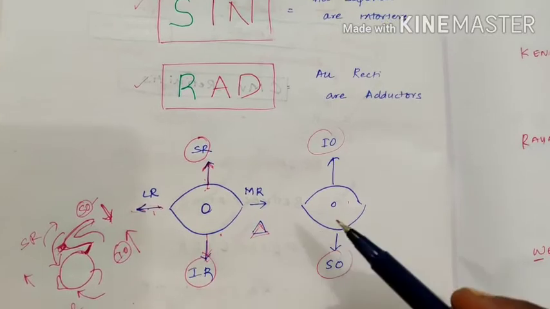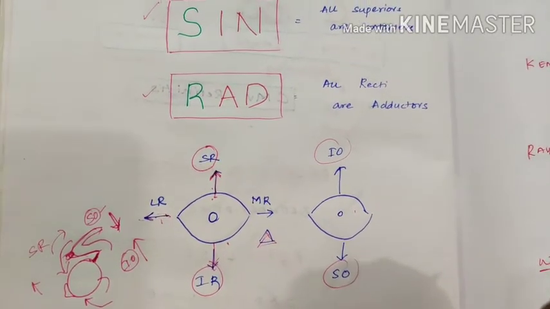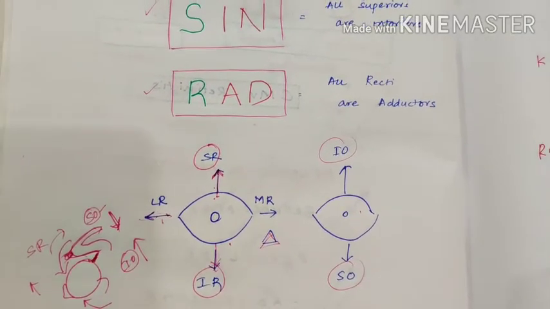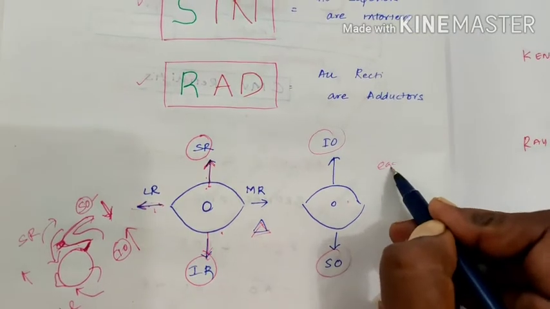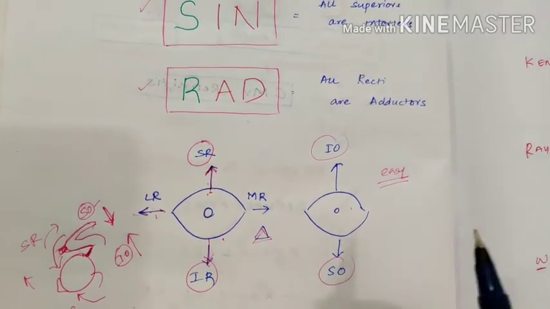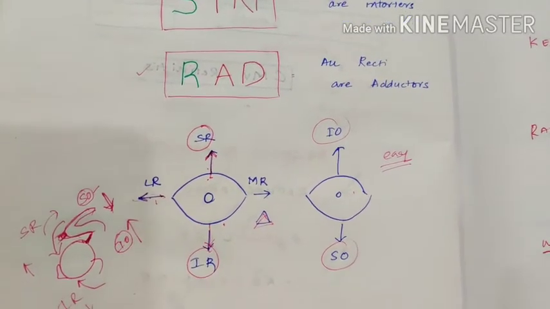That is the way the superior rectus usually pulls the eye. Why I am telling this is, if you remember this, then it is easy to crack nerve palsies. In which nerve palsy, which direction it will be, is very easy to crack.